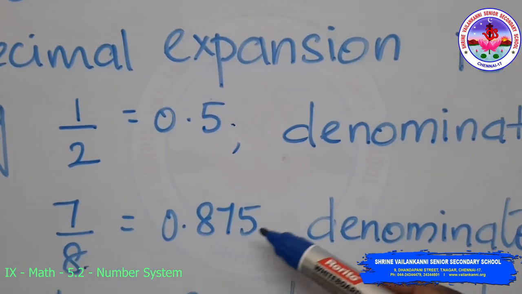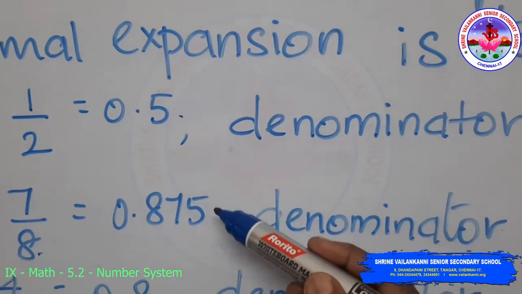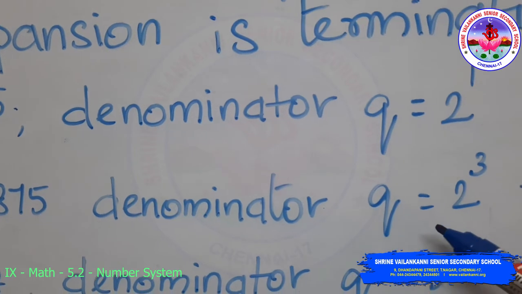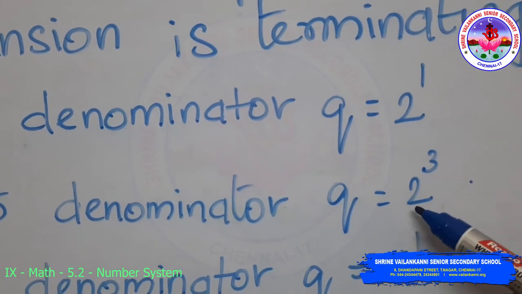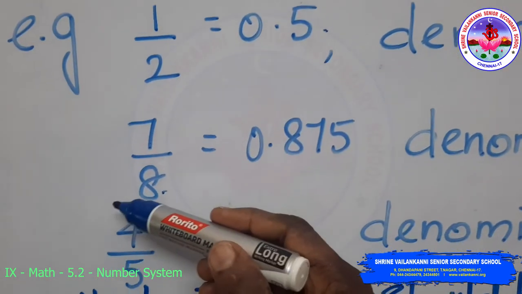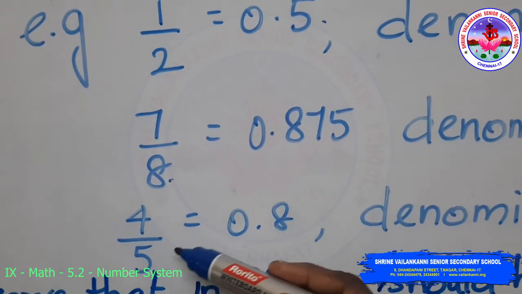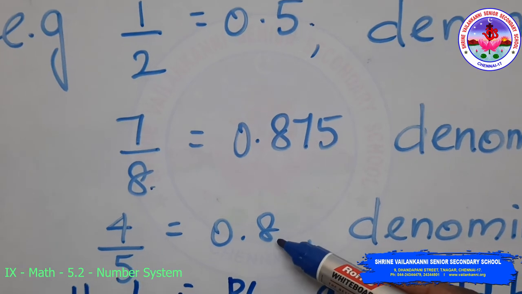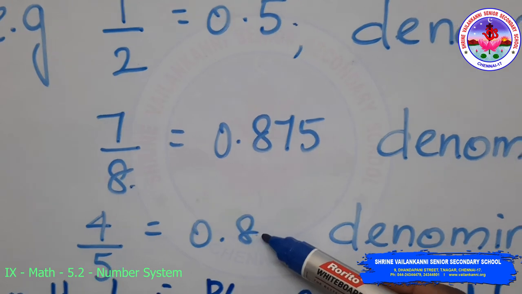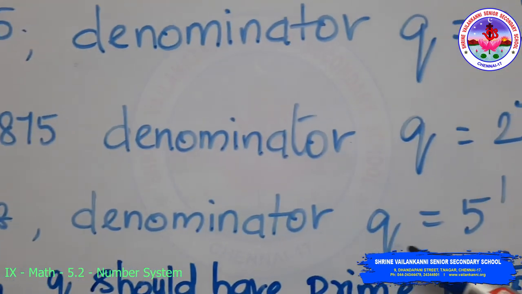So I can say that this is a terminating decimal expansion when my denominator q is 8. I am writing 8 as 2 power 3. Now coming to the next example, 4 by 5, which is equal to 0.8. Here also you will be getting the decimal expansion terminating when my denominator is 5.